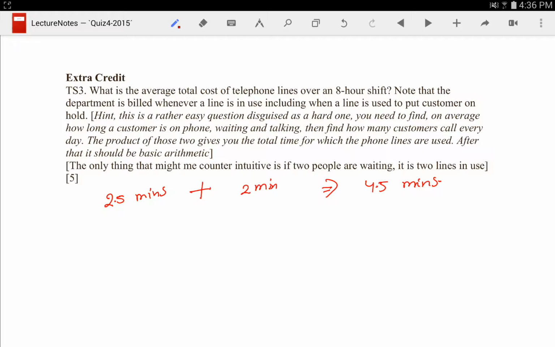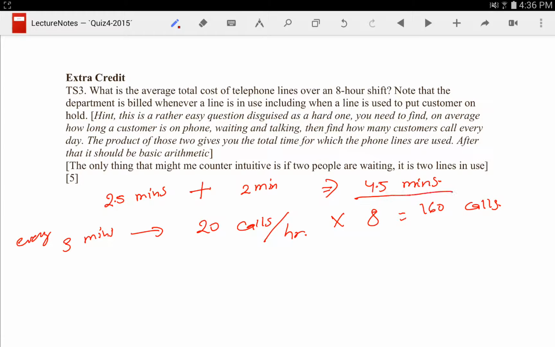Remember, a call arrives every 3 minutes. That means 20 calls an hour. If you are getting 20 calls an hour in an 8-hour shift, you get 160 calls. Each person stays on the phone for 4.5 minutes, and 160 people call.